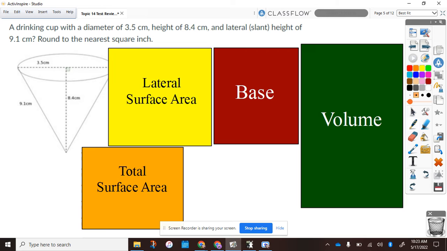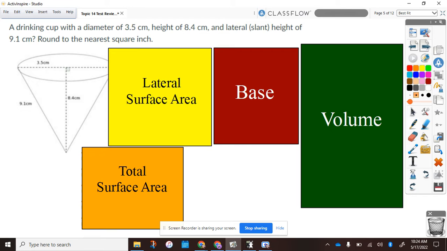Moving on. Drinking cup with a diameter of 3.5 centimeters, height of 8.4, and slant height of 9.1. Okay, here's something to consider on this. When you're dealing with lateral surface area, consider this.